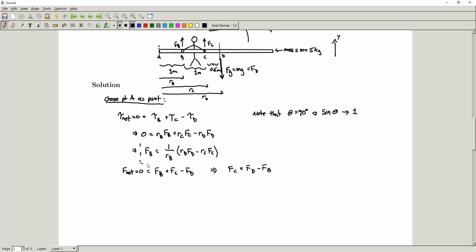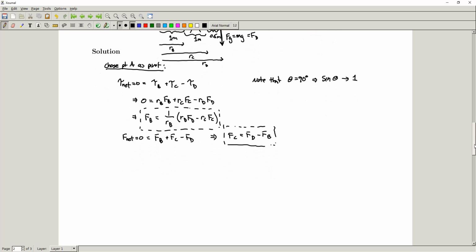So we now have these two equations involving FB and FC, and the two unknowns are FB and FC. So we're in a position where we could solve this system, right? And that's exactly what we're going to do. I'll call this equation 1 and this one equation 2, and we're going to substitute equation 1 into equation 2.